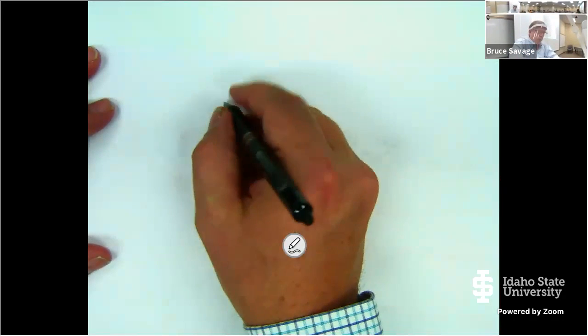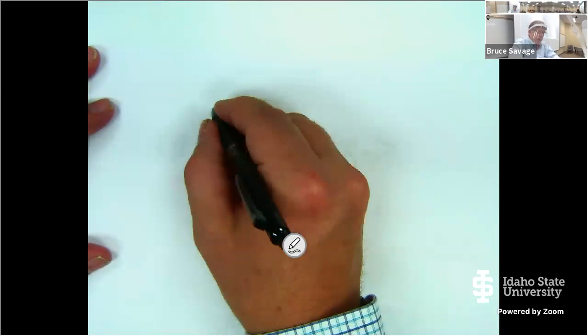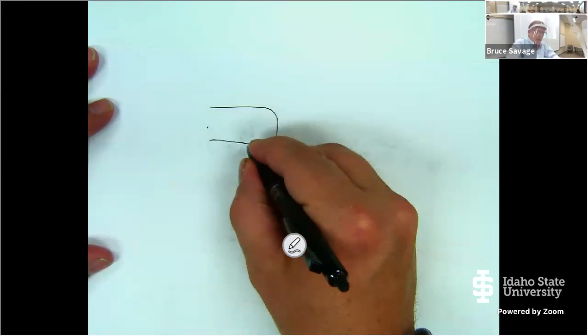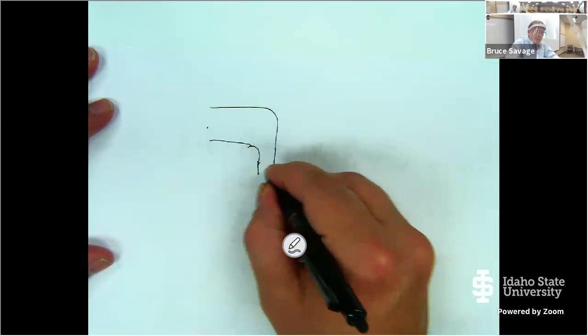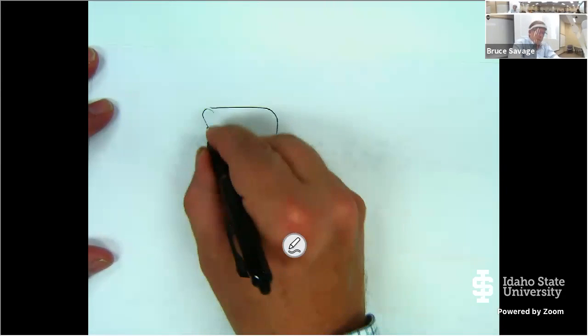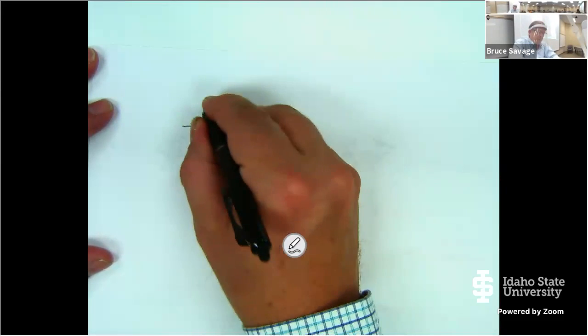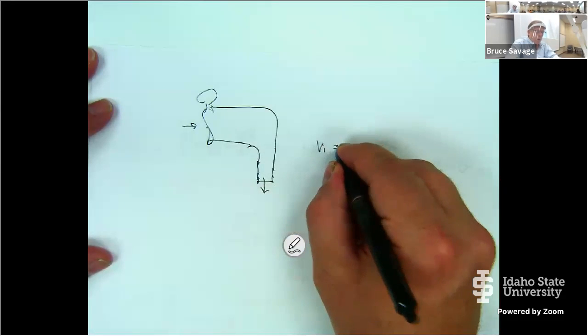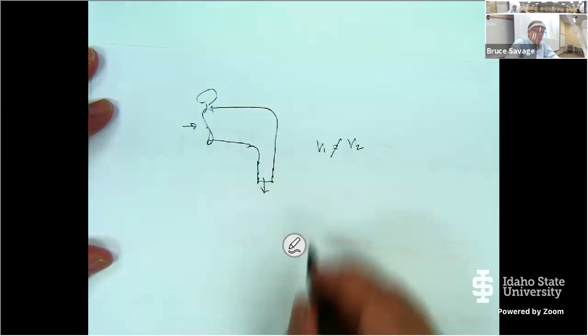But think about this. If I have an elbow that comes down and necks down into a smaller elbow. Well, now in this case, v sub 1 is not equal to v sub 2.